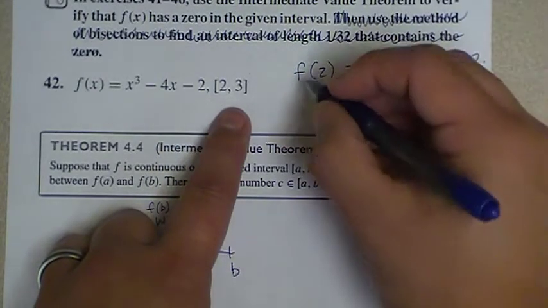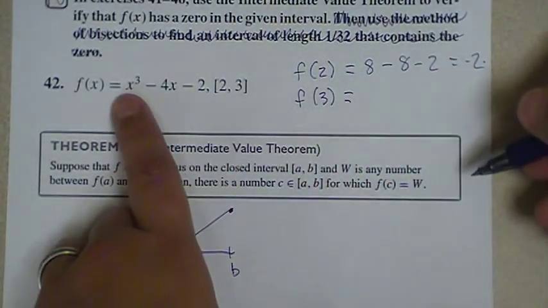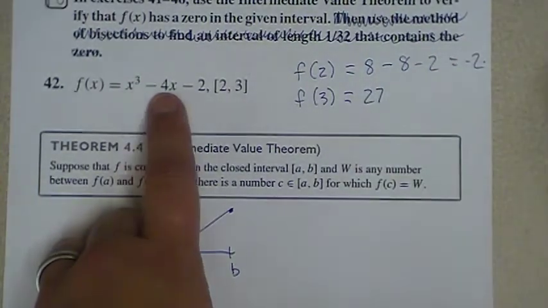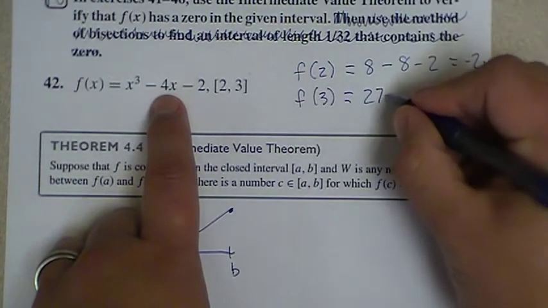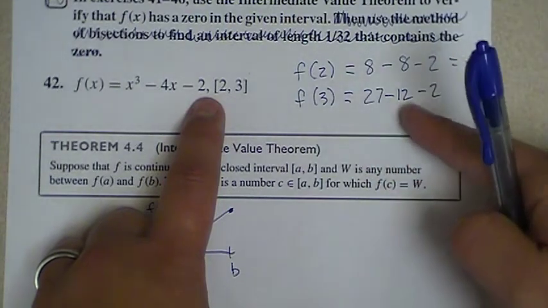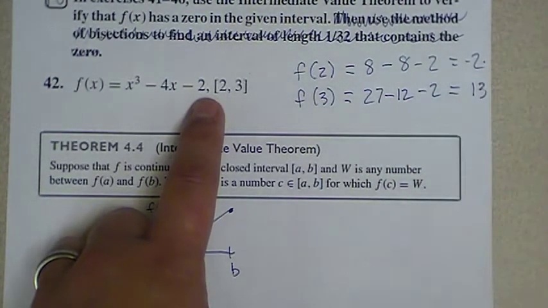If we also compute f of 3, 3 cubed, getting pretty big, but not too big, 27. 3 there would make this a negative 12, so minus 12, and then minus 2 more. So I have 27 minus 12 taking me back to 15, minus 2 more, leaving me at 13.